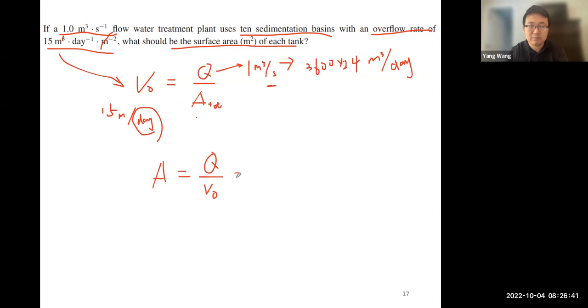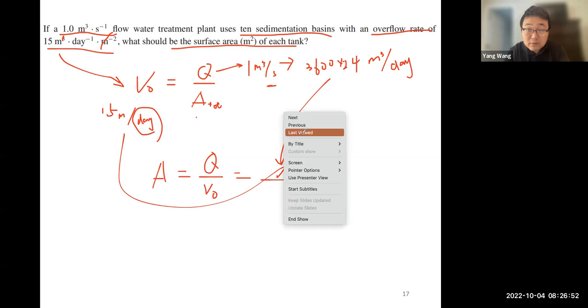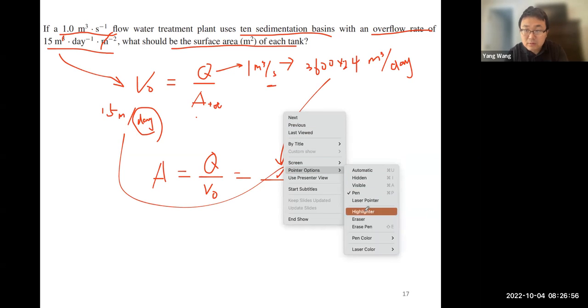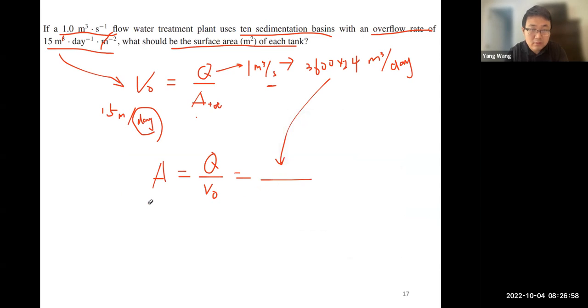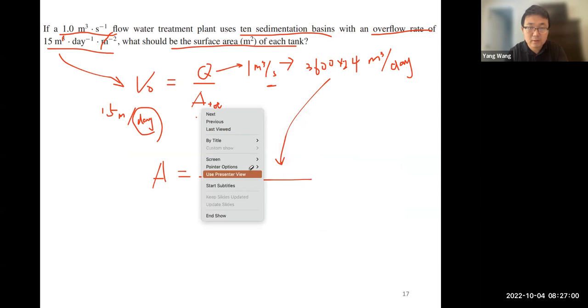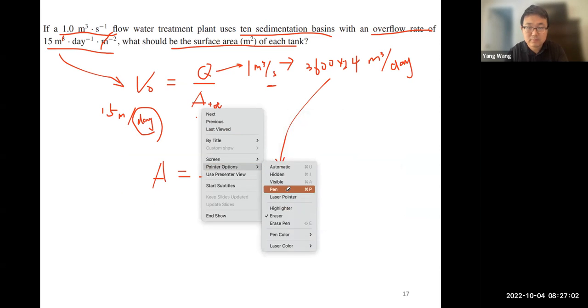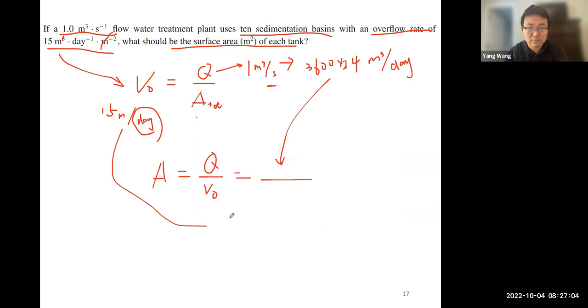You can plug in this value and divide it by 50, and in this way you can calculate the total area.